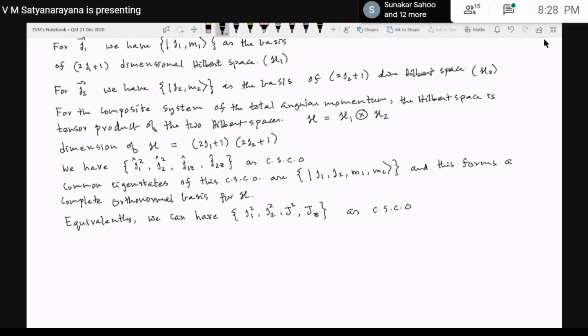That means these four operators also commute among themselves, which implies that |J1, J2, J, M⟩ is another complete orthonormal basis of H. So we now have two bases.